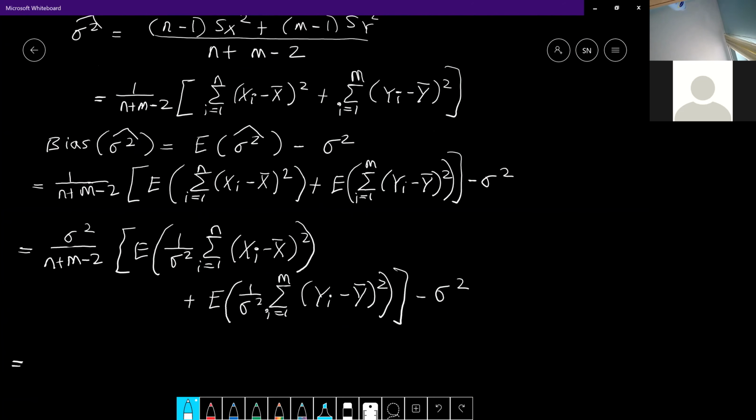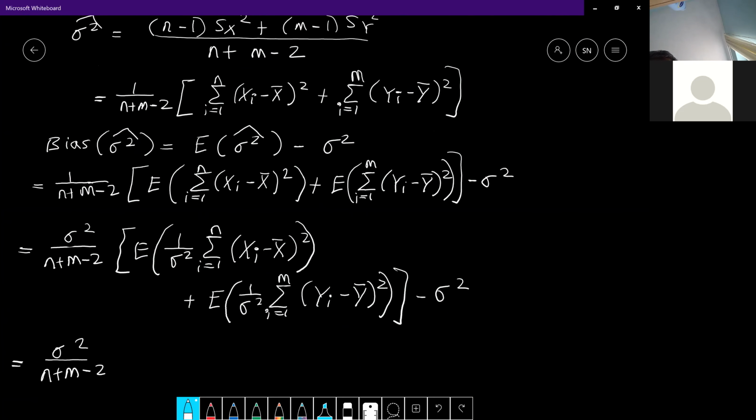There's a reason I've done this, because you may recall that a long time ago, before the Easter break, we talked about the chi-square distribution. Now, if the xi and the yi have the normal distribution, then the thing inside the round brackets will have a chi-square distribution.